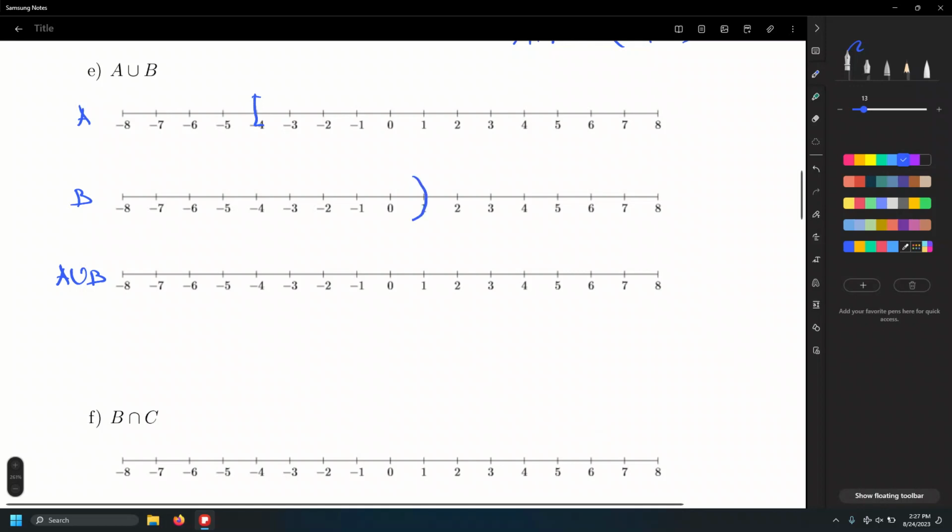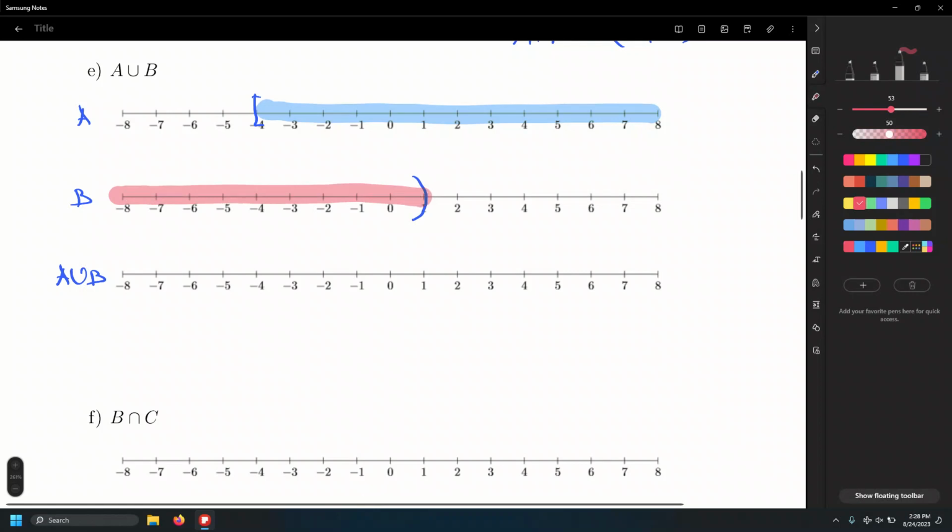So that's going to be blue and red. Putting these two together, let me go back to -4, 1. Let me shade pink to the left, and blue to the right. So we just got the two sets together.